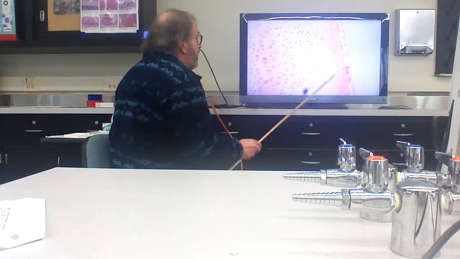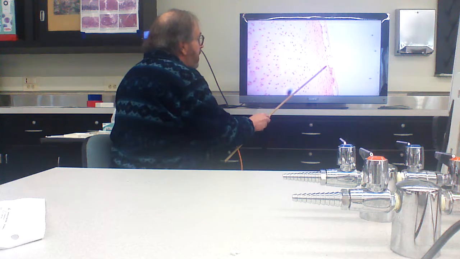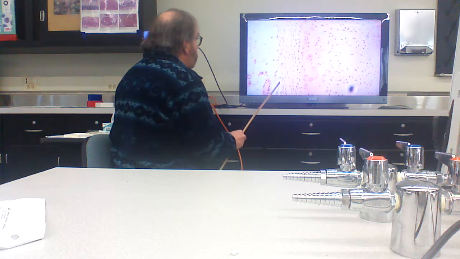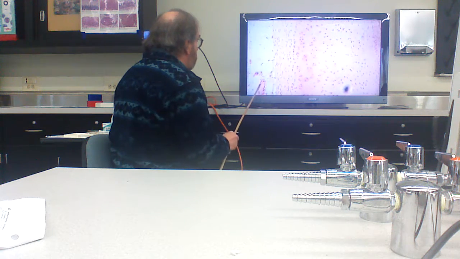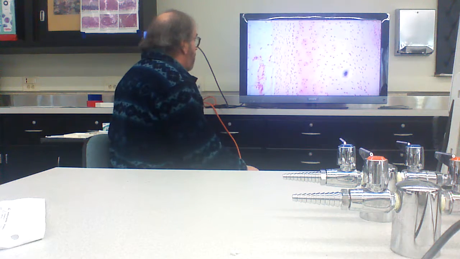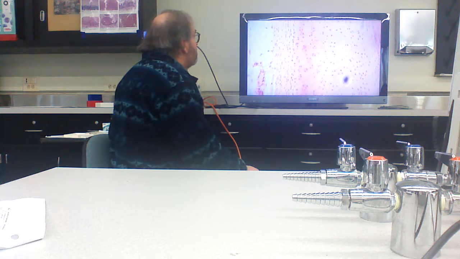Now, you have connective tissue out here in the perichondrium, and in that connective tissue, you're going to have blood supply. Well, here's a blood vessel here. You can have fat to further cushion that.